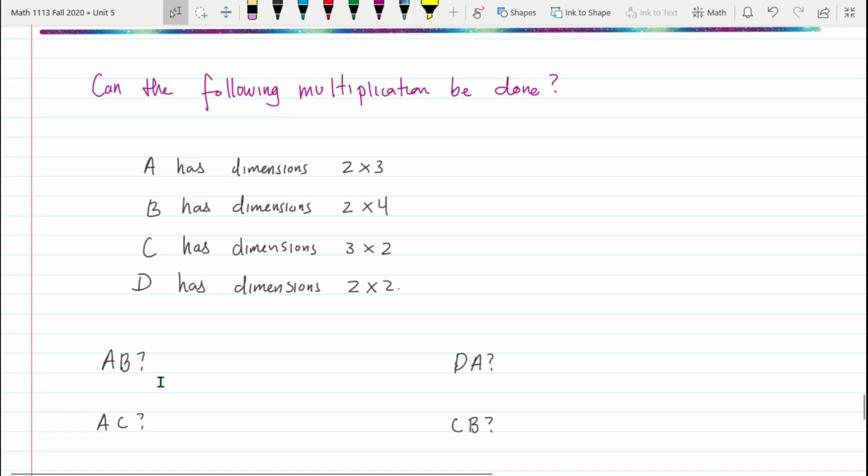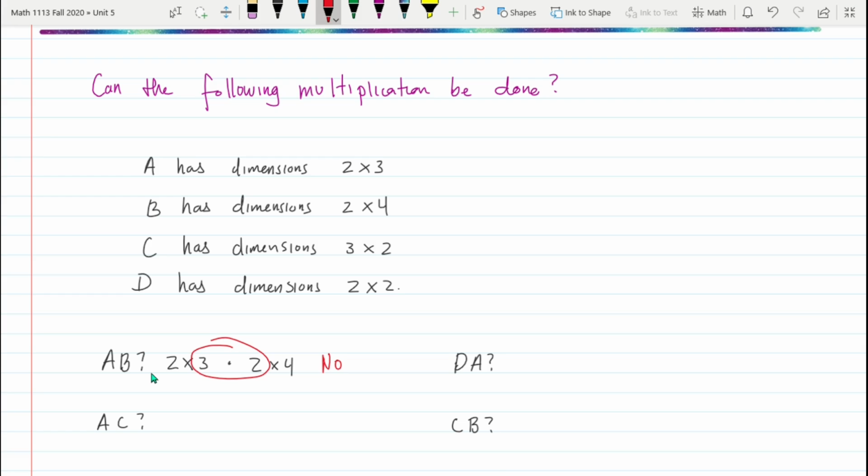A has dimensions 2 by 3, and I'm trying to multiply it with B, which has dimensions 2 by 4. All I have to do is look at this inner portion and compare them. Are they the same? Obviously not. So I cannot. So no.